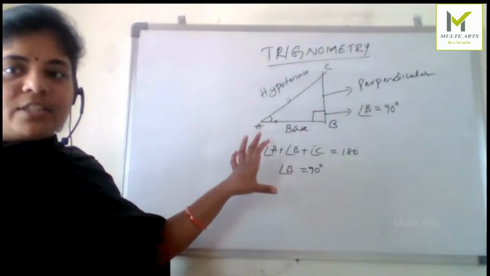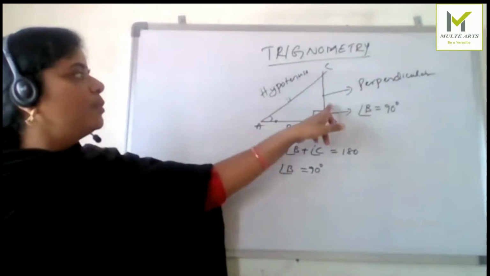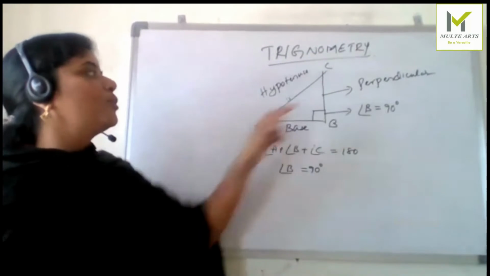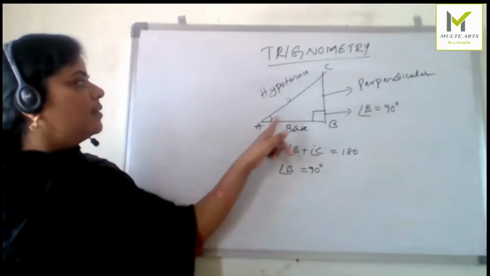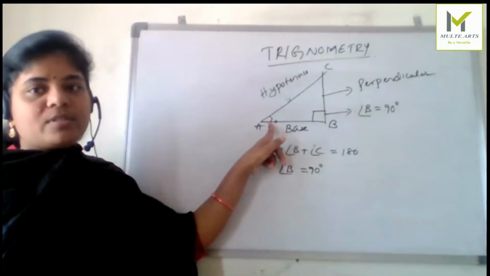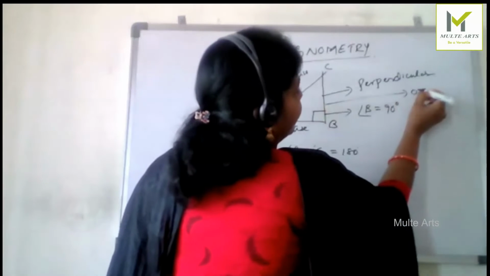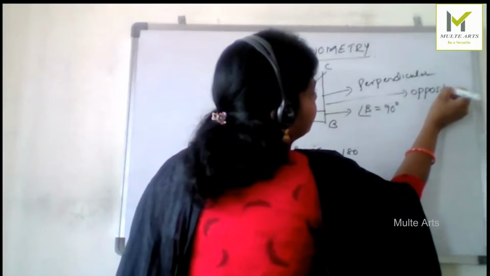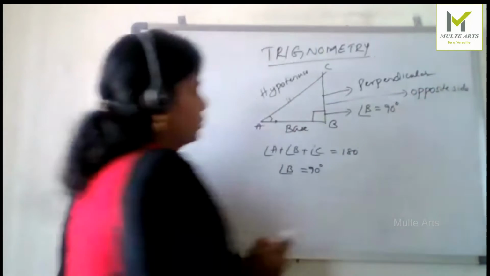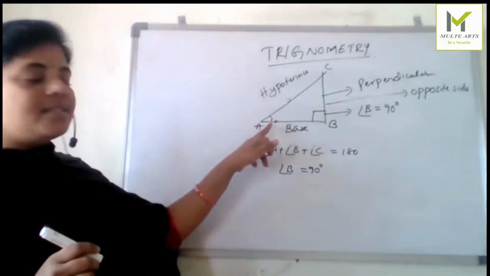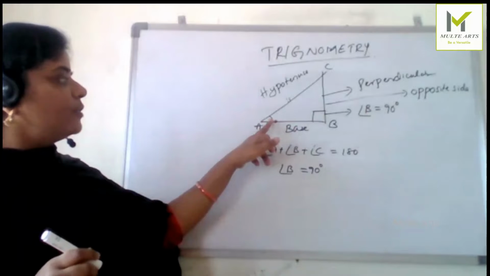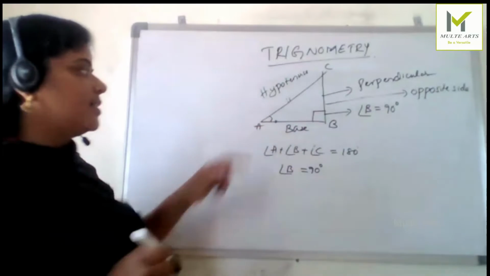And in the general language of trigonometry, we call this perpendicular side also the opposite side, because the side which is opposite to the acute angle is also known as the opposite side. The side which is adjacent to this acute angle A is known as the adjacent side.